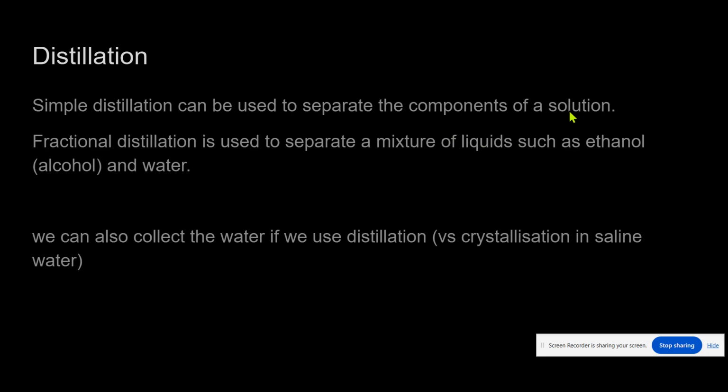Now, it's not just one liquid as in simple distillation, it's two or more liquids, such as ethanol and water. For example, separating petroleum, there are different types of petroleum. You use distillation, it's a mixture, and you're going to separate using the boiling points.